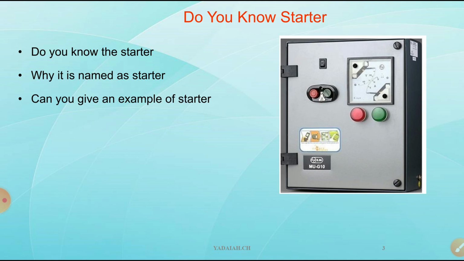For half HP, quarter HP or 1 HP single phase motors, we use the DOL starter, the direct online starter, a small starter with green and red buttons. These protective equipments are one example of a starter generally used in our domestic applications.